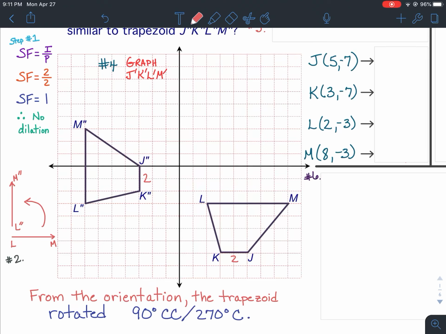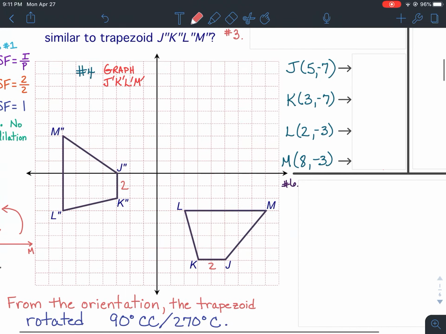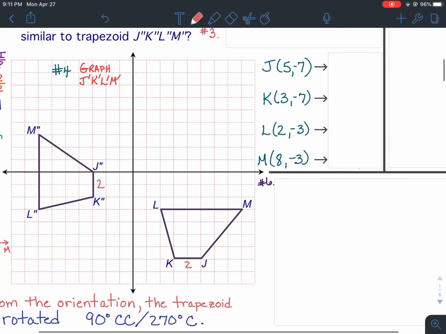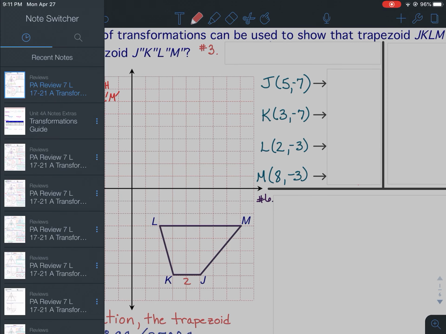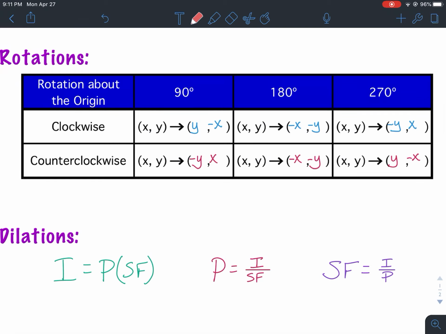Okay, step 3. I'm going to use that 90 degrees counterclockwise, or 270 degrees clockwise, rotation to find J prime, K prime, L prime. 90 degrees counterclockwise is negative y, x.